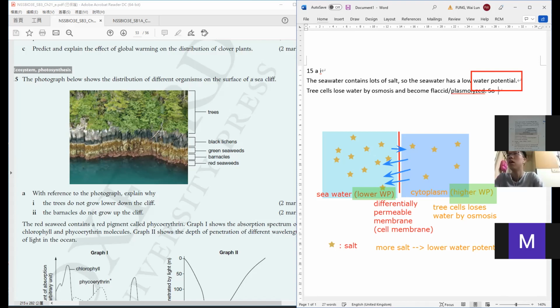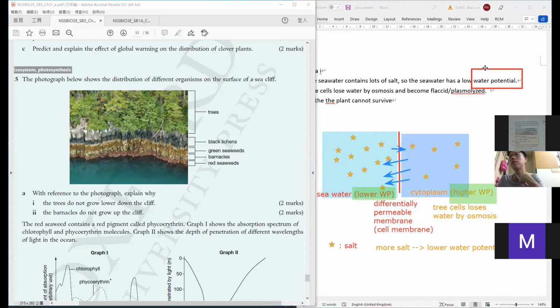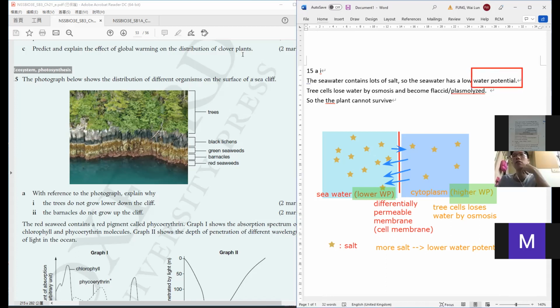So the cell cannot survive. So the plant cannot survive. Okay, this is the first possible reason why the trees don't grow somewhere near the sea.